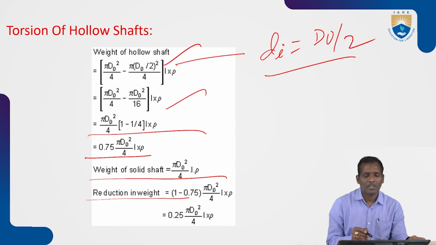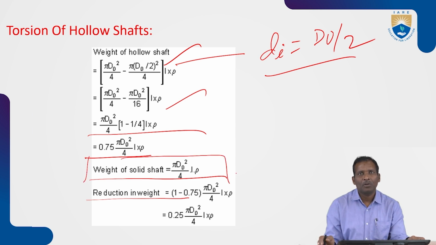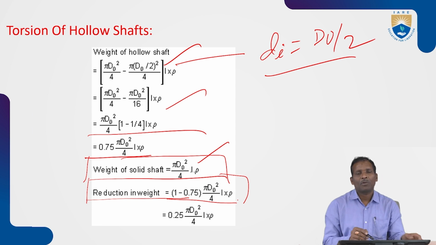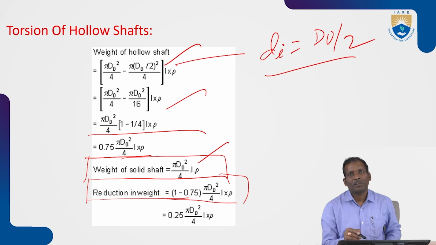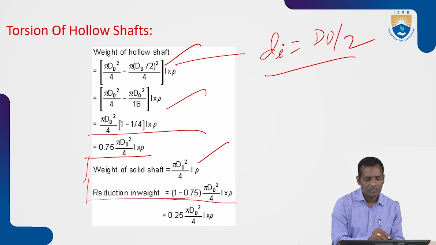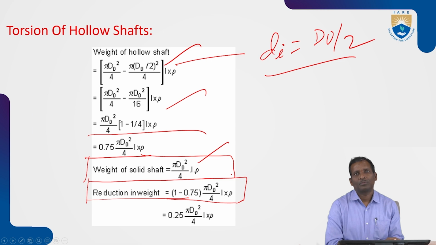So weight of the solid shaft is pi d naught square by 4 multiplied with L into density. The reduction in weight is 1 minus 0.75 into pi d naught square by 4 into L into rho.